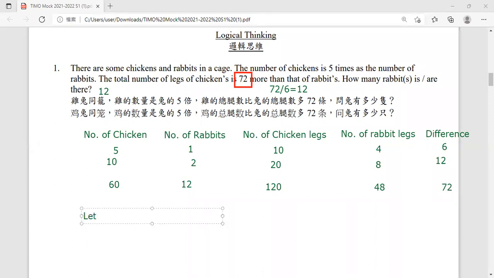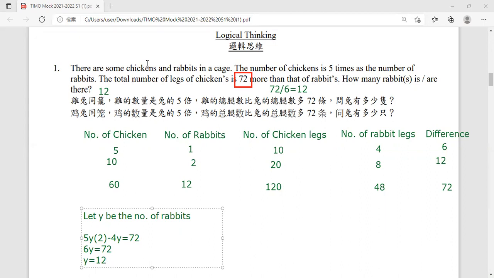Let the number of rabbits be y, so chickens are 5y. Then 5y times 2 minus 4y will be equal to 72. Just that easy. So 6y equals 72, and you get y equals 12. Both methods are okay.